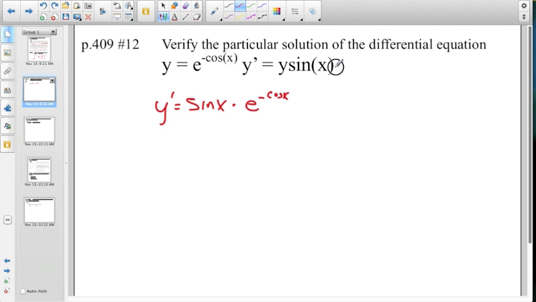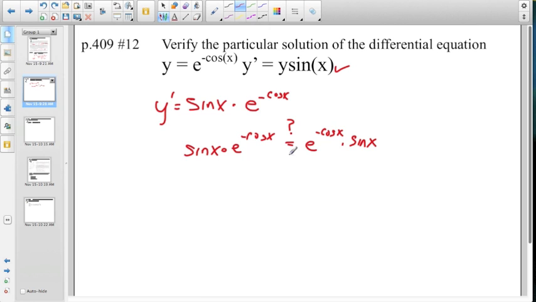If we plug that into this differential expression, then we have sine x times e to the minus cosine x equals e to the minus cosine x times sine of x. And we're questioning whether or not those are mathematically equal to each other.